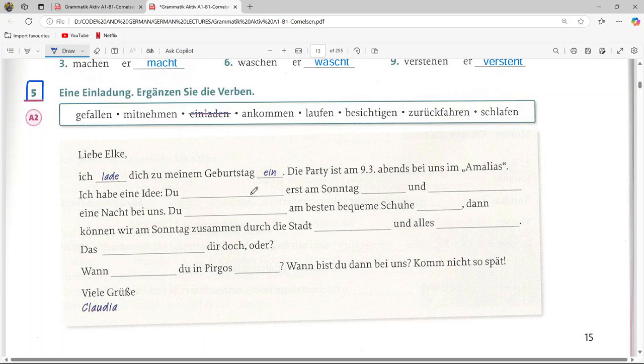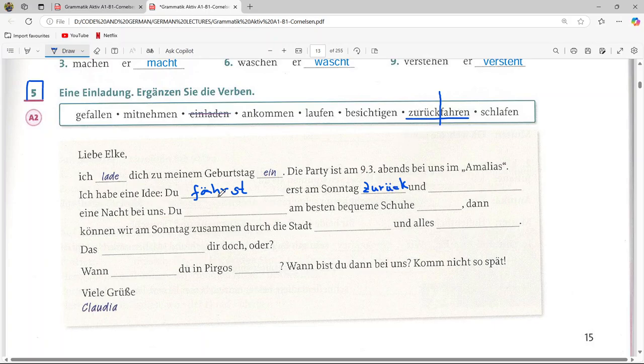Du, there is a blank, so du, we can use this one. For fahren with du, it is first. So du fährst erst am Sonntag zurück. What we actually did, we broke down the verb and conjugated fahren with du and put zurück at the very end of this sentence.